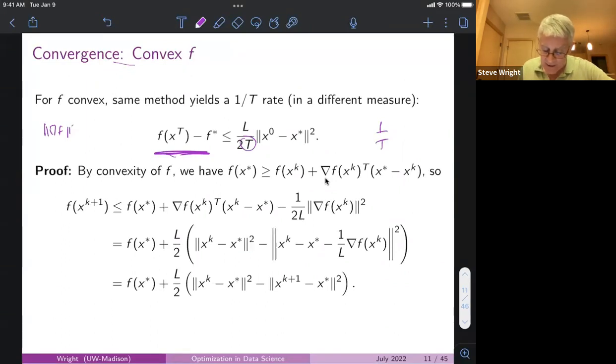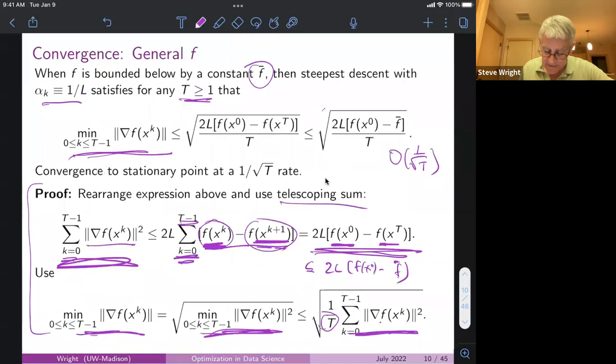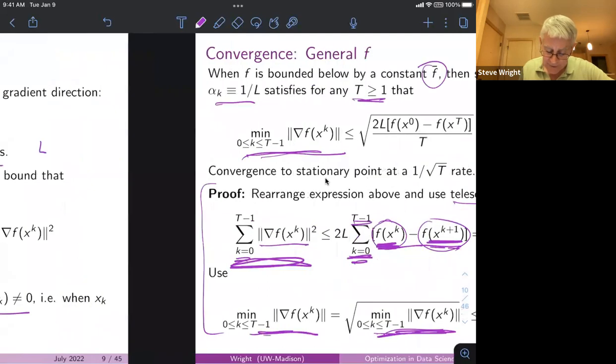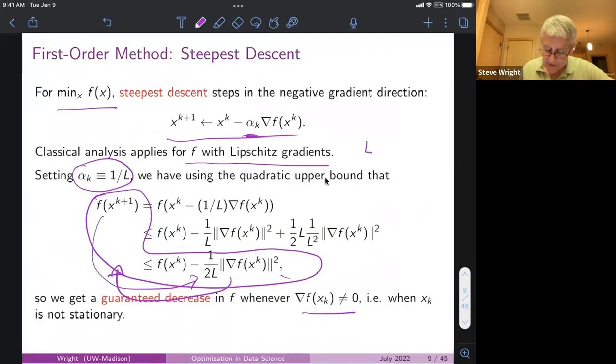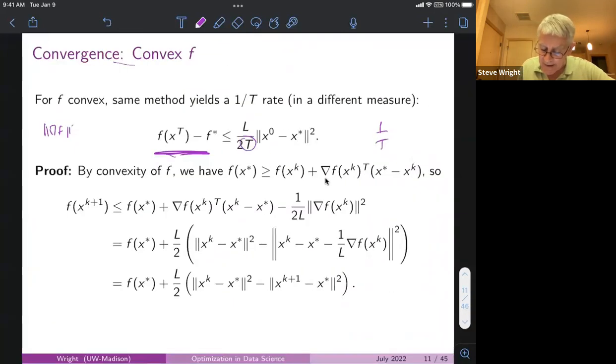We're going to use the same inequality that we proved a couple of slides ago, but we're going to use the fact that because f is convex, one of the properties of convexity that I showed you earlier is that the function is bounded below by its tangent at any given point.